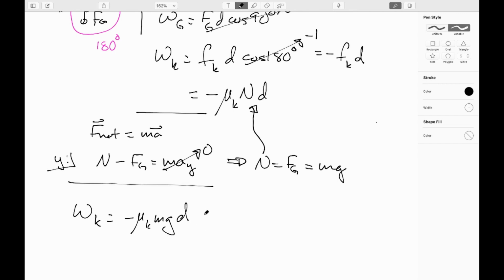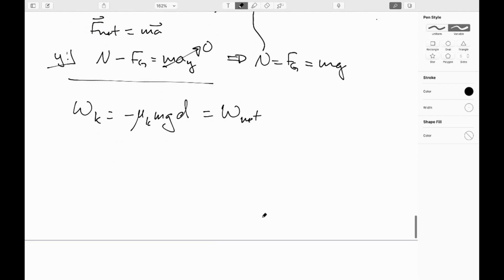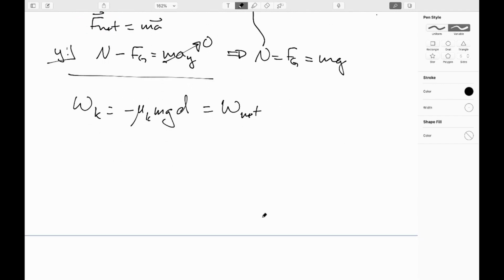And since the other two forces did no work, this is also the net work. Okay, so now we can say that the net work is equal to KE final minus KE initial.